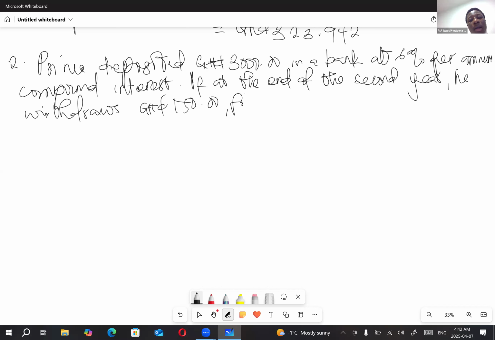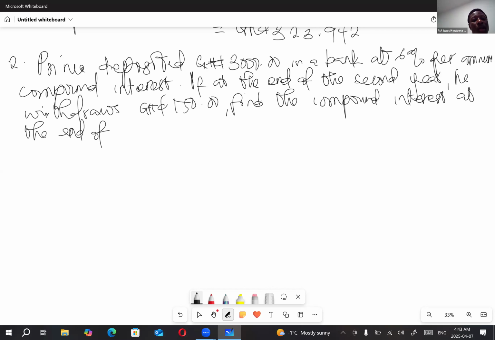Find the compound interest at the end of 3 years. I don't want this to be long. Okay, finish up, right? And let's start work.